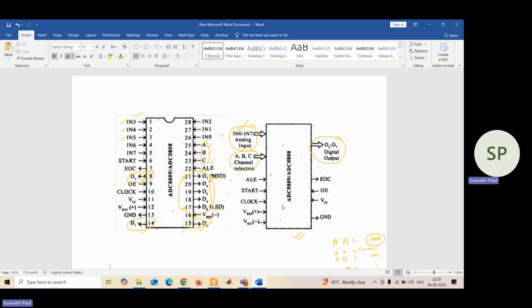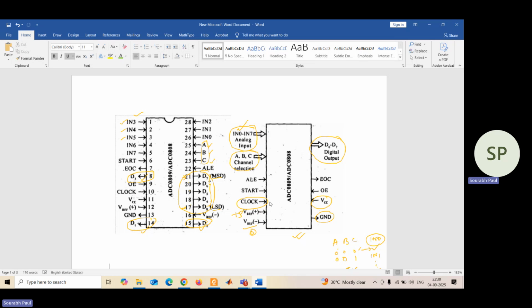Now, other than these, you have V reference positive, where you need to apply plus 5 volt, and V reference negative, which has to be grounded. Similarly, you have ground, which has to be connected to the ground terminal. VCC has to be connected to 5 volt. Then you need to apply the clock signal in the clock terminal.